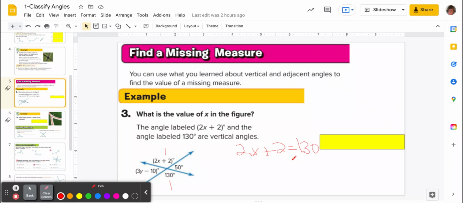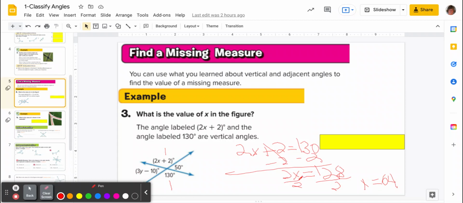And this is a two-step equation. So I will subtract 2 and subtract 2. And so we get 2x equals 128. This is a multiply. Divide by 2. Divide by 2. x equals 64. Now, this can be done exactly the same way with the other set of angles.